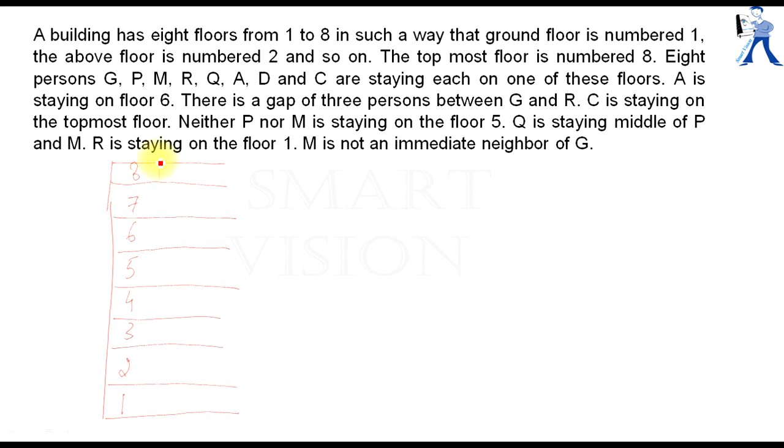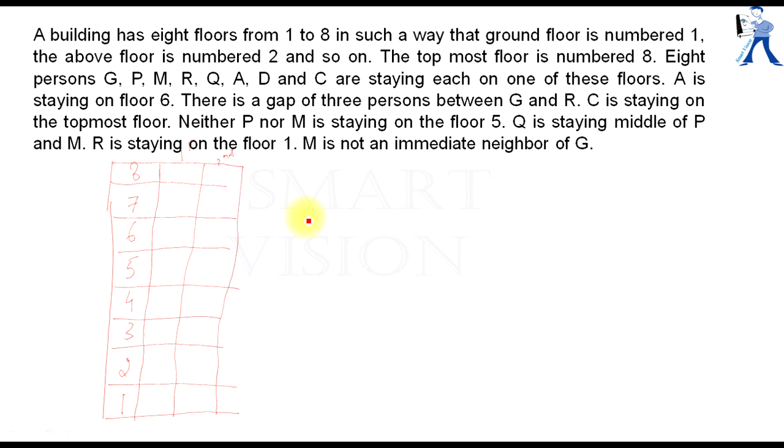Write it like this, it will help you so that you won't get confused. This is our one possibility of placing, and this one is another possibility of placing the persons, first and second.